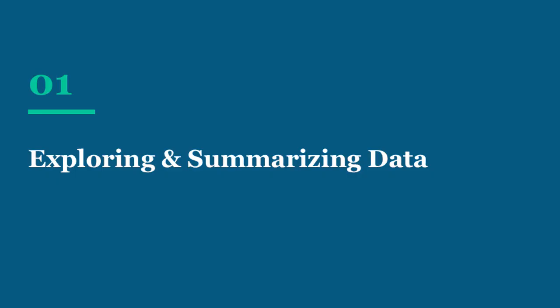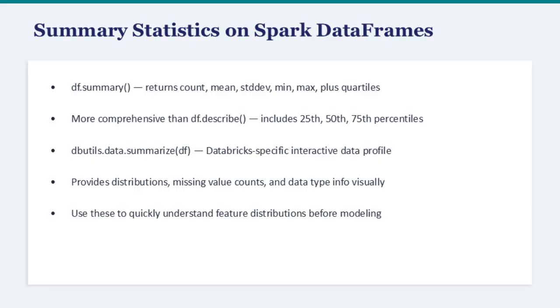We'll start with how to explore and summarize your data on the Databricks platform. Let's start with summary statistics on Spark data frames. The exam actually tests two approaches for computing summary statistics. First one is df.summary.